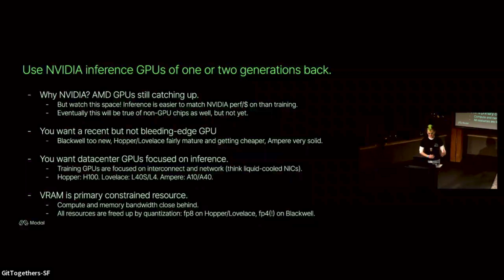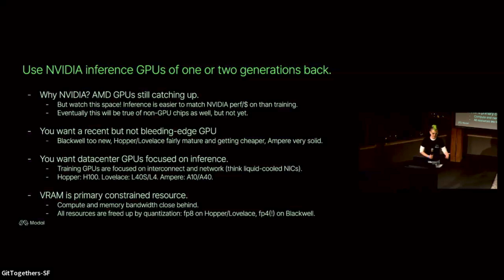So what you want in general when building an LLM inference service now is something that's a recent but not totally bleeding edge GPU. The Blackwell GPUs, if you've got a really close connection with one of the hyperscalers or with NVIDIA, maybe you can get a hold of those, but you're going to find they're hard to use and none of the software supports them.